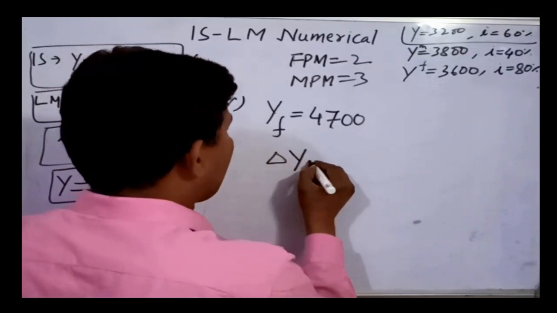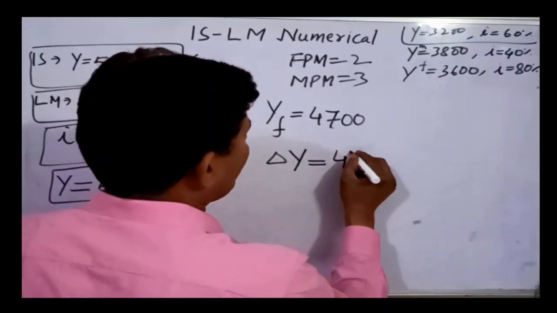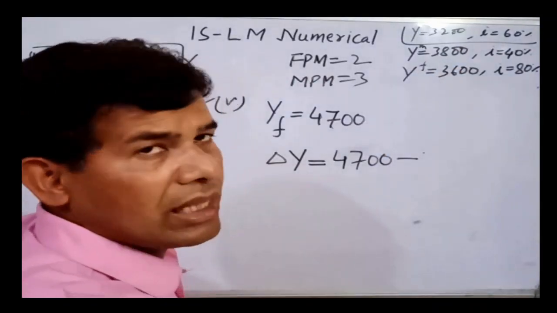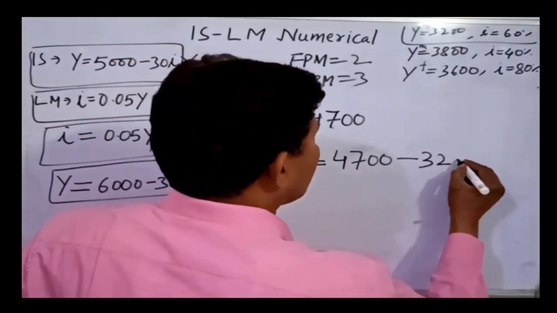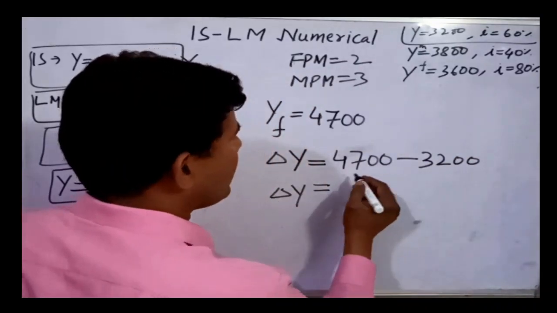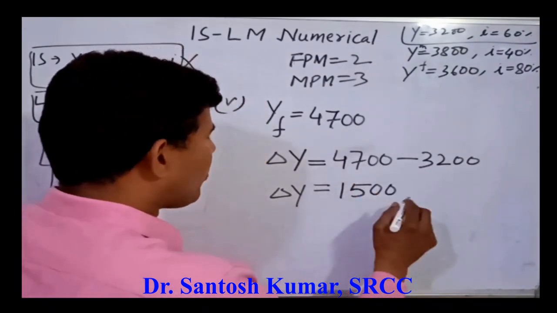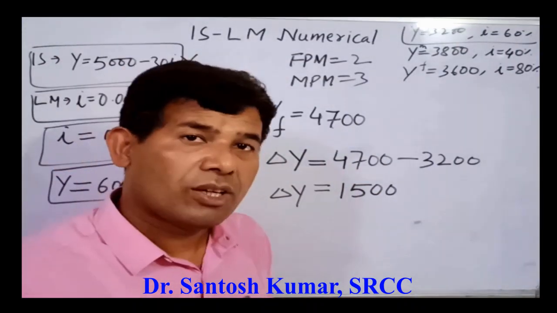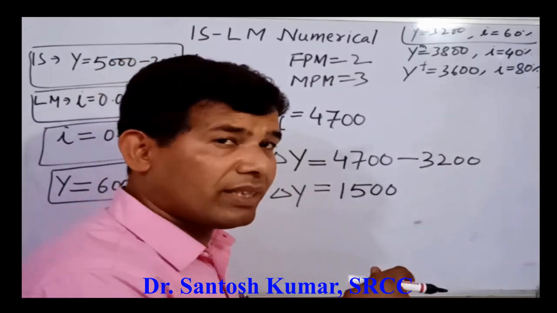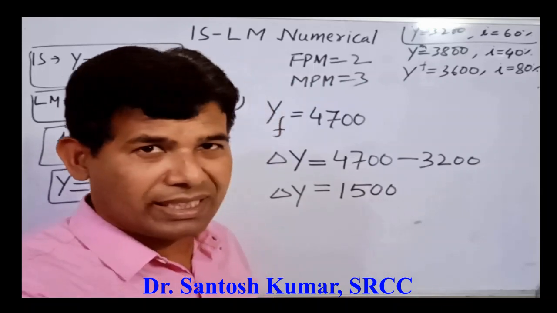The required change in output is the full employment level of output, 4,700, minus the initial equilibrium level of income, 3,200. So the required change in income is 1500. That means you have to raise the level of GDP by 1500 to reach full employment level of output or income.